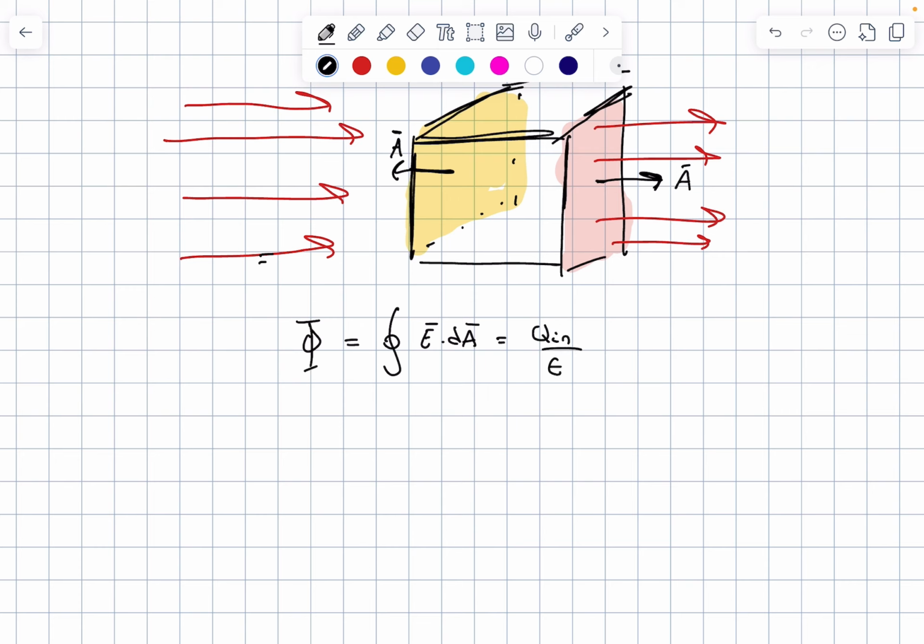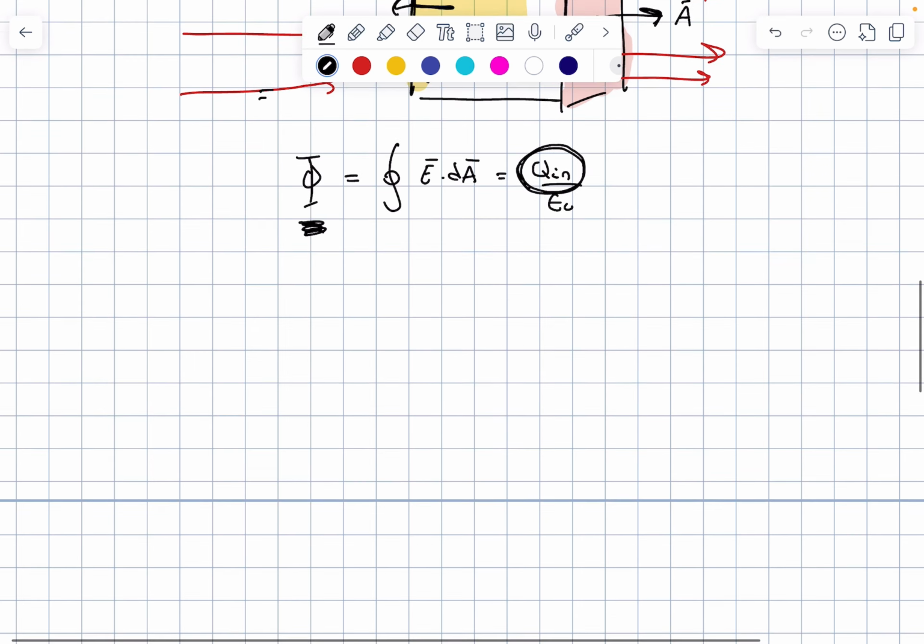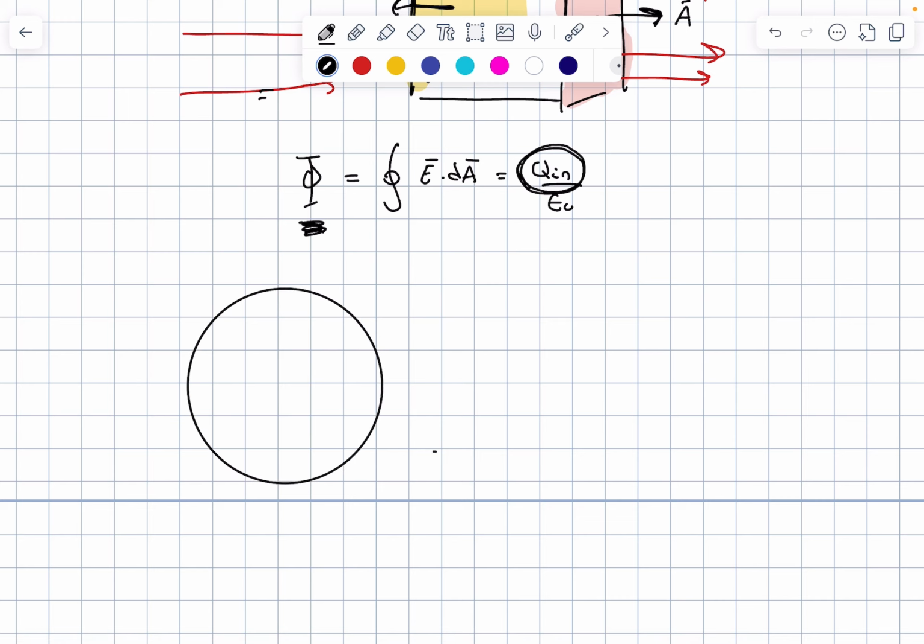So I only have a flux if there is some charge inside my volume creating those electric field lines. For instance, if I have a sphere like this and I have some positive charge inside the sphere, it's going to create electric field lines pointing radially outwards.